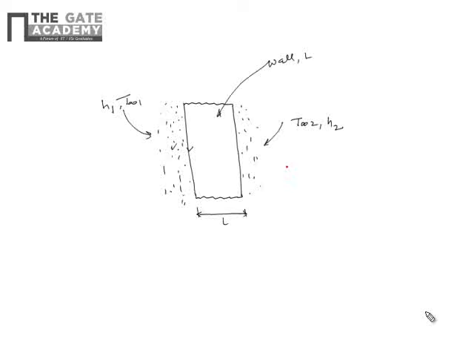In this case, how will the heat flow? So there will be one heat transfer from fluid to wall, that is due to convection, and this heat will flow into the wall due to conduction, and again this heat will be lost to the surrounding via convection.